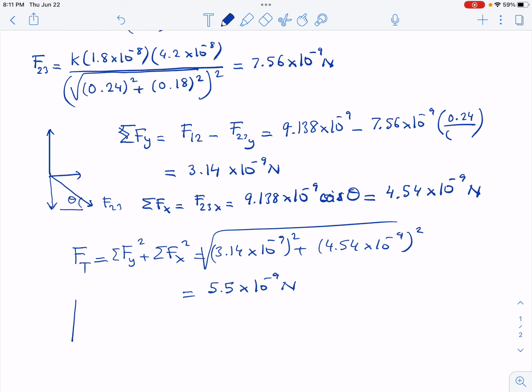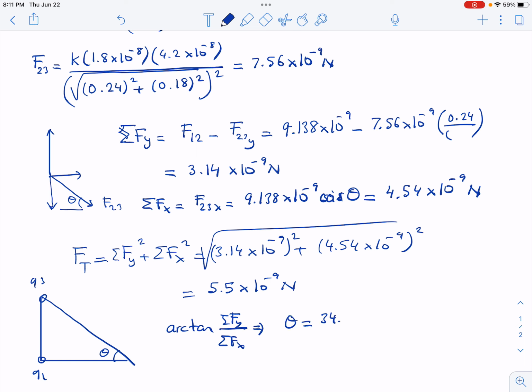And the angle is this angle. This is where Q1 is, this is where Q3 is. I calculated this angle, which is the arctangent of F total Y over F total X, and that angle is 34.7 degrees. If you're looking for that one, that is 55.3.